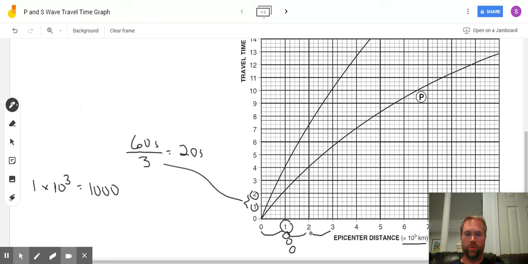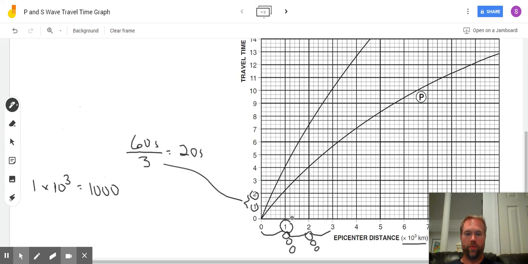So we'd add 3 zeros to it. This 2 is really 2,000. We'd add 3 zeros to that. And so on and so forth. So this would be 3,000, 4,000, 5,000. Now, each major division of 1,000, or change of 1,000, as you can see, is broken up into these smaller spaces, just like we had on the travel time axis.